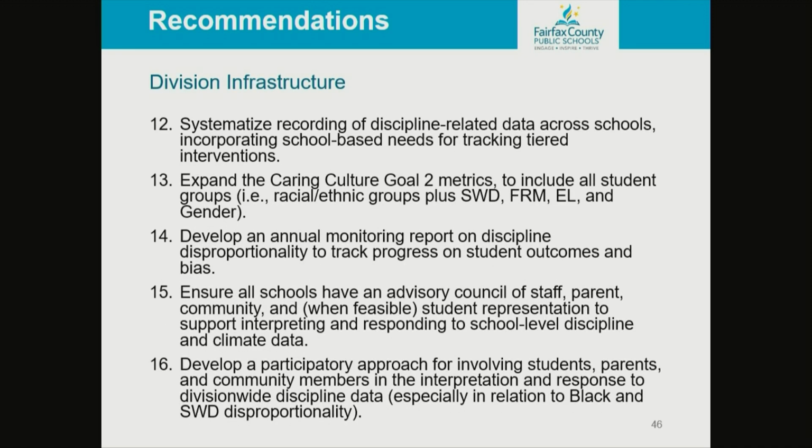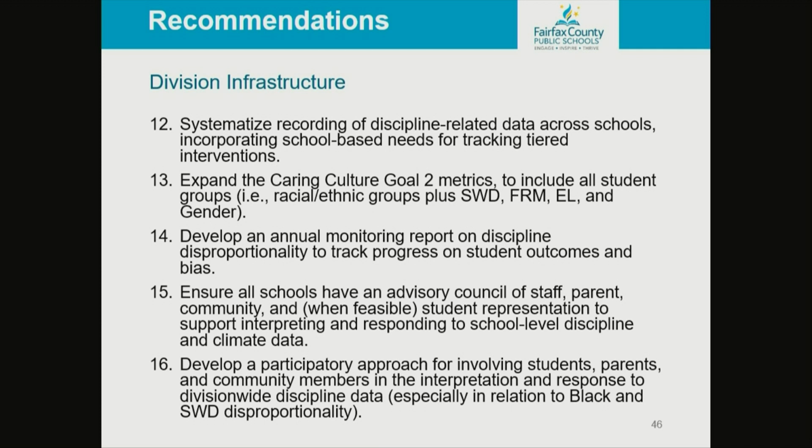Then in the last set of recommendations that all have to do with division infrastructure, systematize the recording of discipline-related data across all our schools and incorporate the school-based needs for tracking the tiered interventions that MTSS requires. Expand the caring culture to metrics to include all of our student groups.